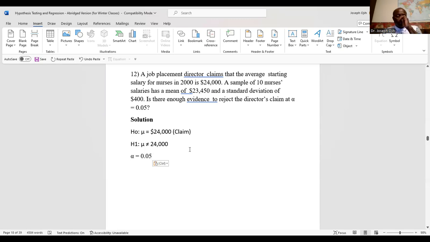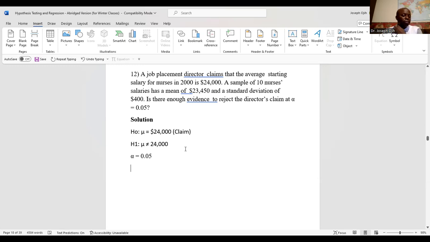The first thing to do now is to get our critical value. To test this claim, they selected a sample of 10 nurses' salaries, and that has a mean of 23,450 and a standard deviation of 400. Is there enough evidence to reject the director's claim at alpha 0.05? So this is a two-tailed test.